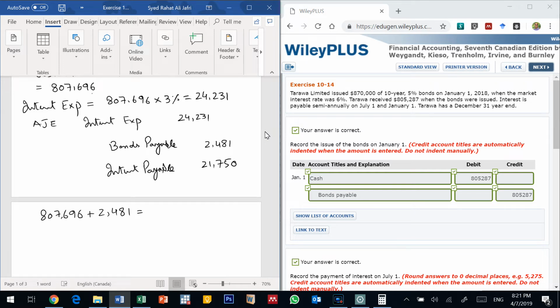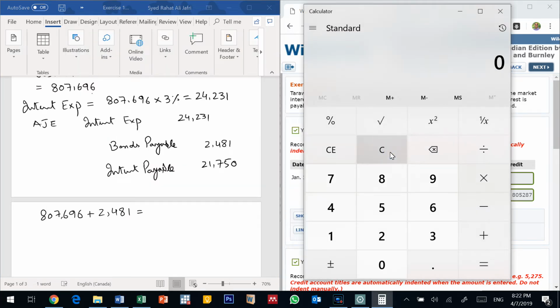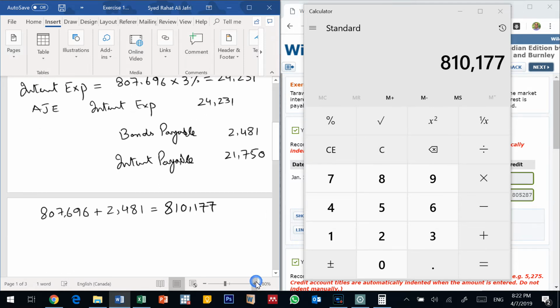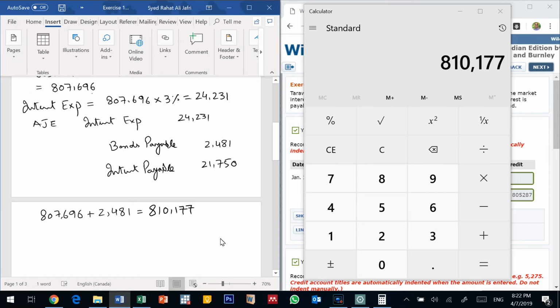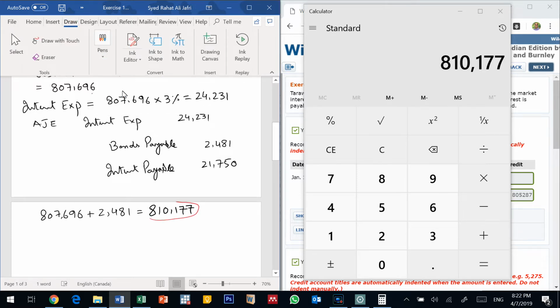The sum of these two numbers, 807,696 plus 2,481, $810,177, is the updated carrying value, which theoretically should also be the price of the bond on January 1st, 2019.